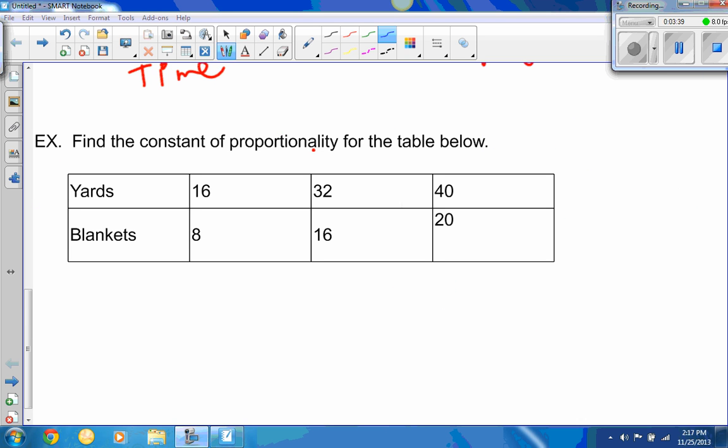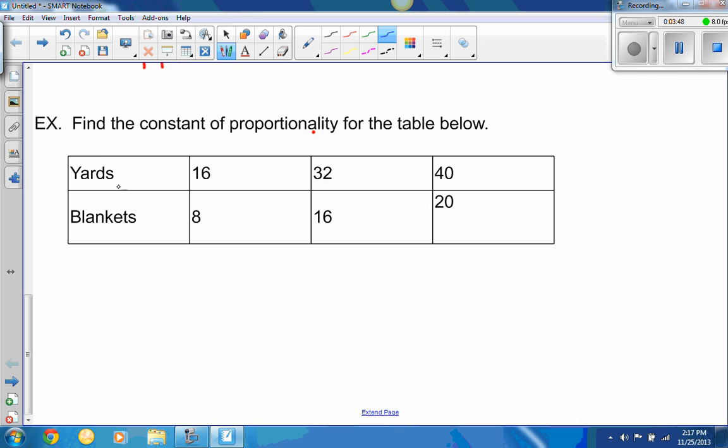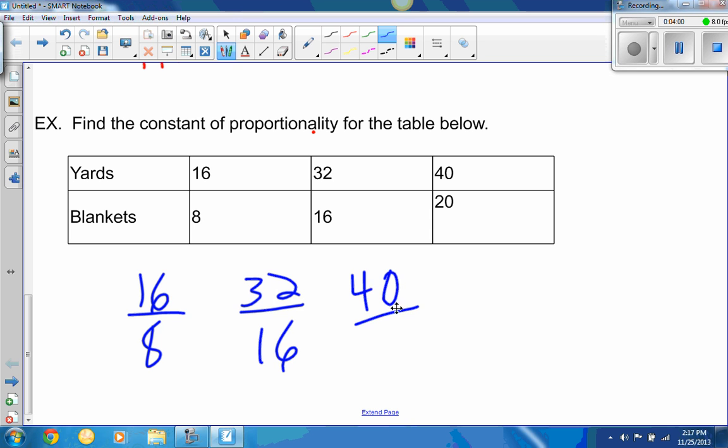My last example is another table, and you're going to have to find the constant of proportionality for this table. So if it takes me this many yards of fabric to make this many blankets, again, you're just going to look at the ratios. So if it takes 16 yards for 8 blankets, 32 yards for 16 blankets, 40 yards for 20 blankets. Again, for it to be proportional, they all have to be the same all the way across, right?